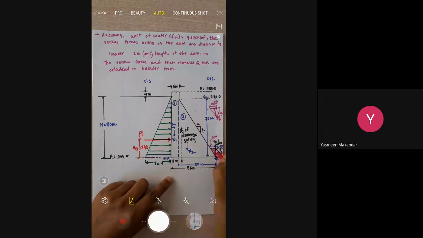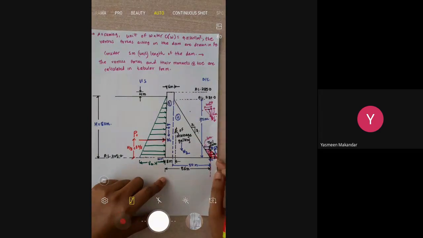Again this will have a horizontal thrust exerted on this downstream face. As this is a slant one, we have considered that to be vertical, and then resolved this force into a horizontal one and the vertical weight of water stored in this triangle, that we have already worked out. Here this intensity will be gamma W into H dash. So now we can draw the uplift pressure distribution diagram conveniently over here.